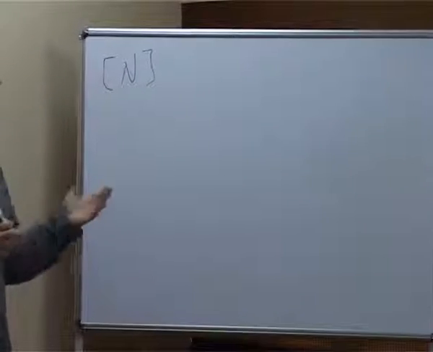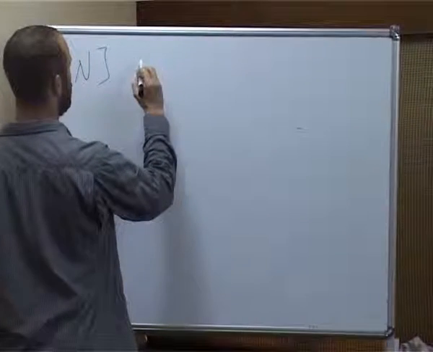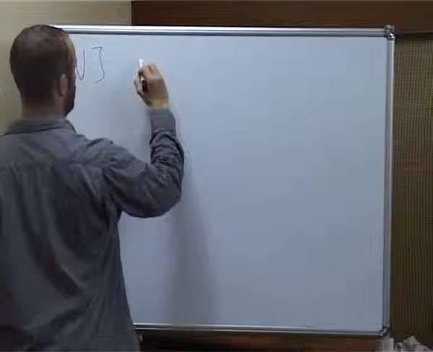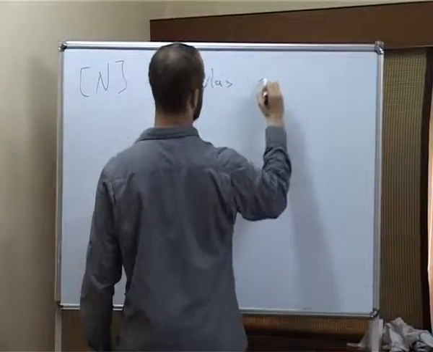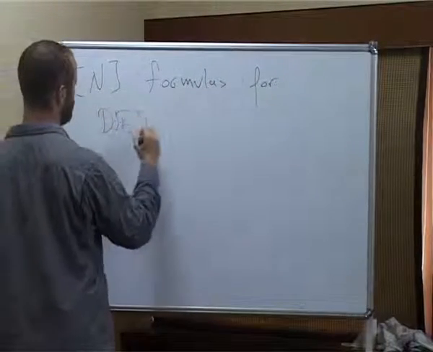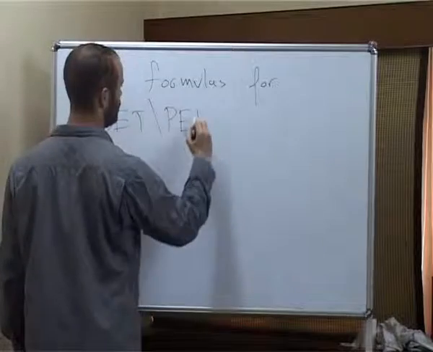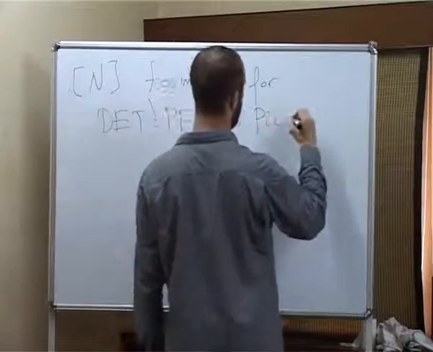Maybe I will say a little bit about it. So he showed, for example, that formulas for the determinant and the permanent, and I will write it and then explain.